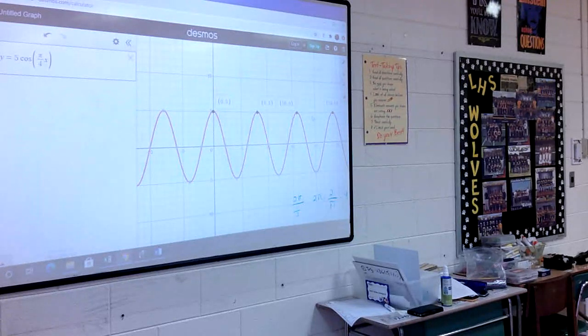So if you think about it, the smaller the B is, the greater the period, because you're dividing by a much smaller number. The bigger your B, or the number in front of x, the smaller the period would be. So that's how the graphs of sine and cosine work. And that's all you need to know basically for today.